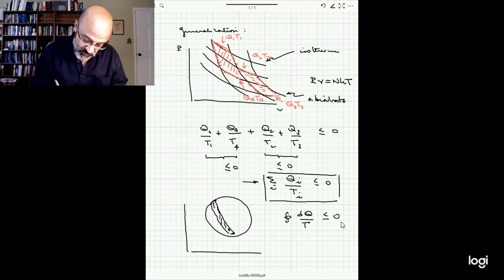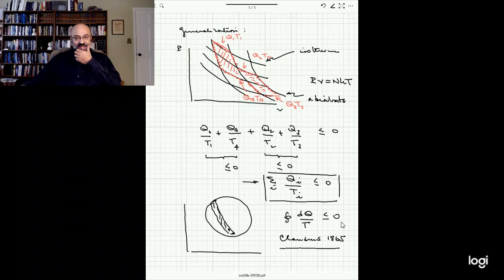So this is what Clausius did in 1865. And the genius consists in actually seeing the potential of such a construction.